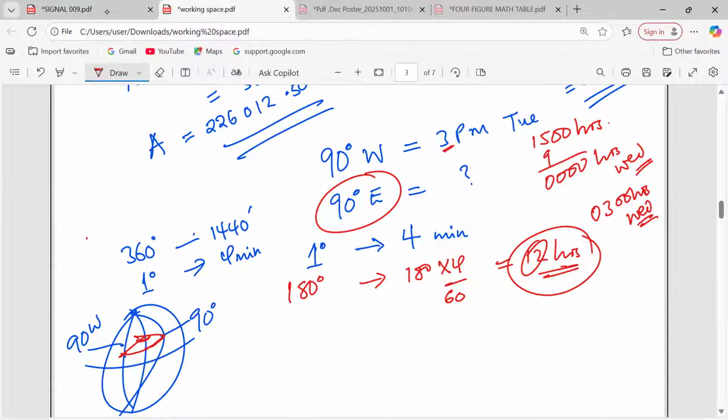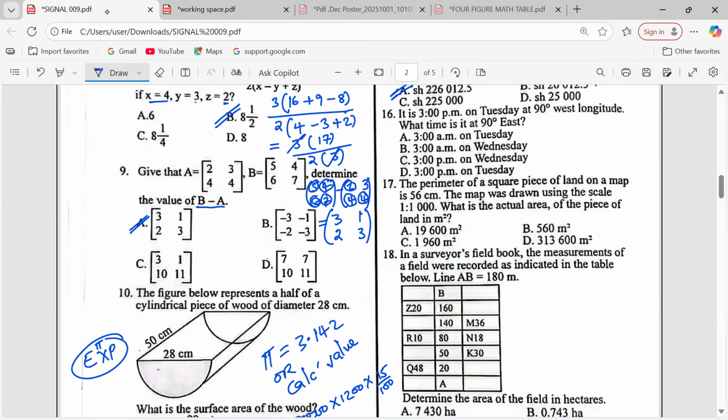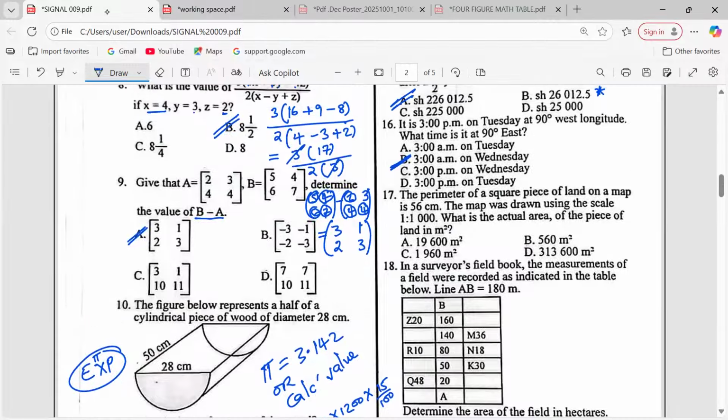0300 hours Wednesday. Because this is a place which is ahead in time, we add 12 hours, definitely. We just add 12 hours like that. Therefore, 0300, or rather 3 a.m., the following day. So it can't be on Tuesday. So A is wrong. We have transitioned to another day because it was already 1500.